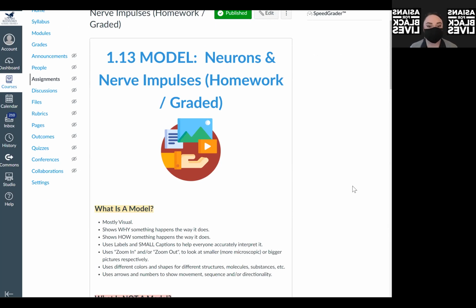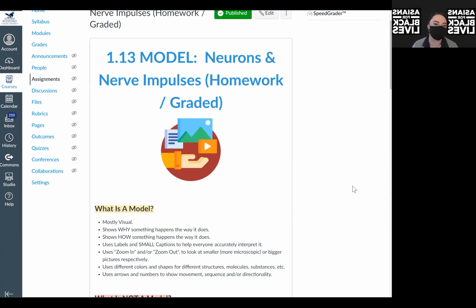So a model in biology or life science-based classes is normally a drawing, because a model could be something that we physically built. So if you've ever taken physics or engineering or computer science, when you actually construct or code something to represent what the results might be or to make predictions of something, that is a physical model.